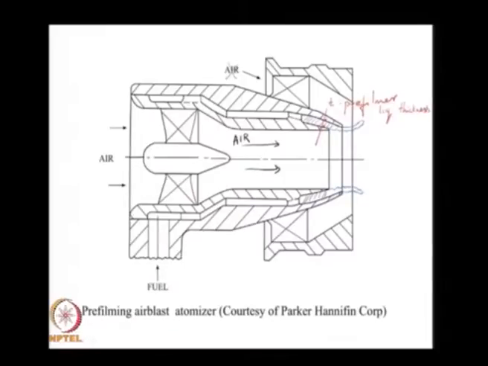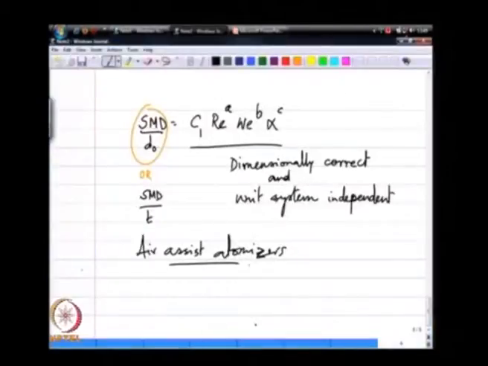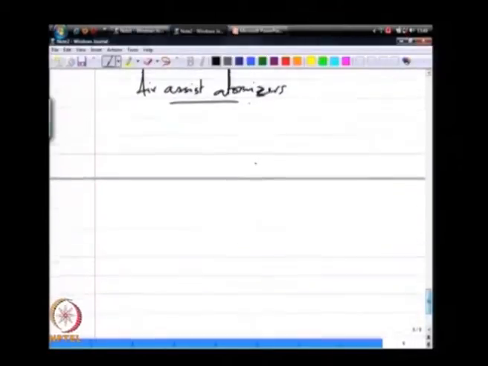The pre-filmer liquid thickness is going to determine the thickness of the liquid film that is spilling out of that annular passage, and of course, we have the air velocities and liquid velocities. So, if I go through the same argument as to making a list of parameters that are important.